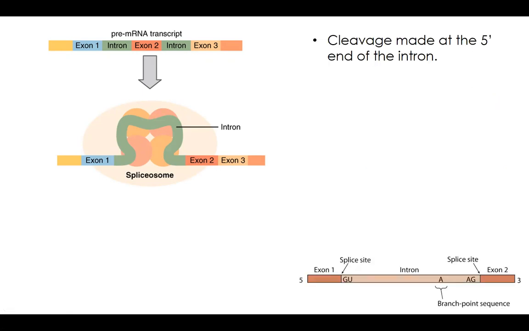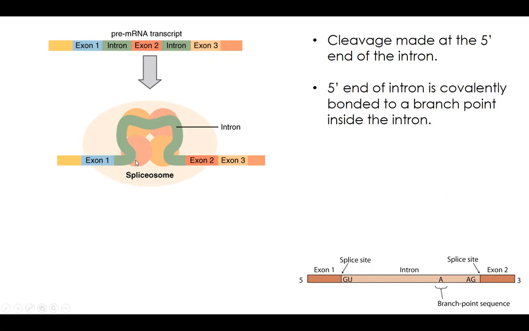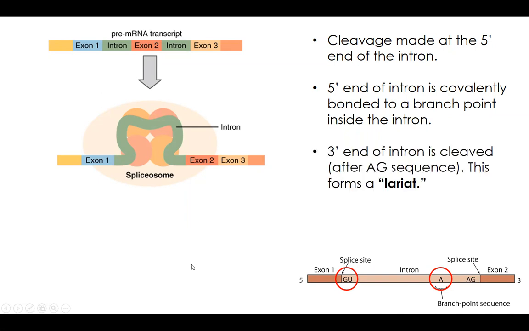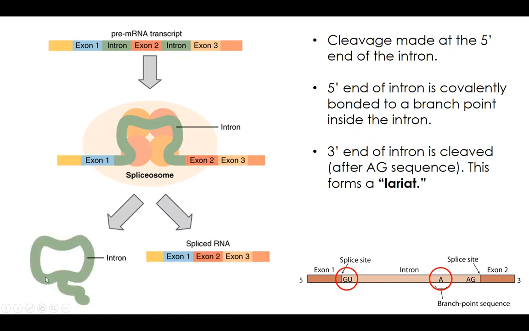The last part of that is that we're going to cut the 5' end and covalently attach it to that branch point A that was somewhere over here. So GU to the branch point A. This is going to form what we refer to as a lariat. And we're going to then cleave that AG, the 3' end, and what's released is literally a lariat of the intron.